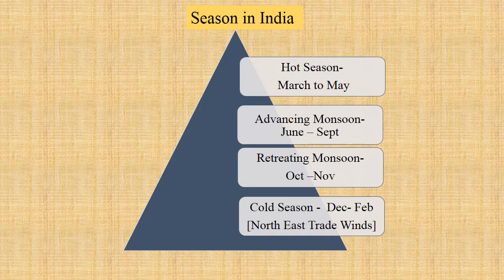That is followed by retreating monsoon, October, November. And that is followed by cold season, in which we have the northeast trade winds blowing all over the country in December and February. So, in short, we have hot season, rainy season and cold season. Rainy season is divided into two, advancing monsoon and retreating monsoon. Let us go to the next slide.